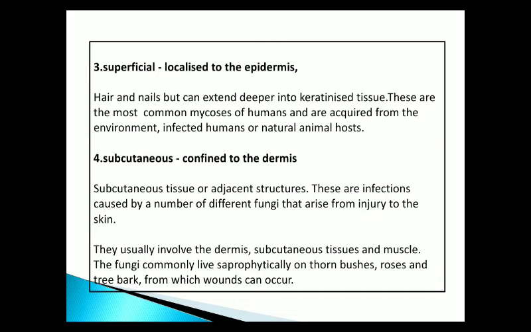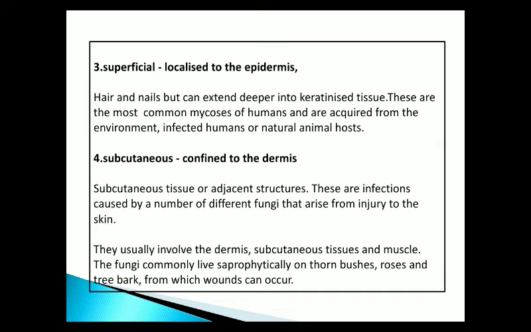The fourth type of mycosis is subcutaneous, confined to the dermis, that means the second layer of our skin. The first layer is epidermis, that is known as superficial mycosis, and the second one is subcutaneous mycosis, that is confined to the dermis layer. First is epidermis and second is dermis.